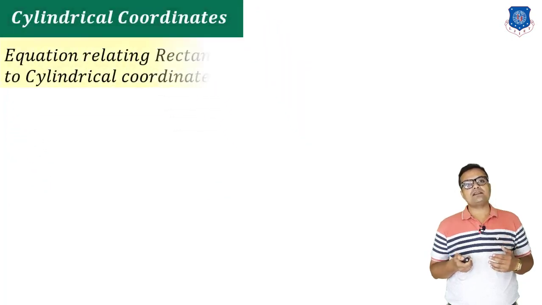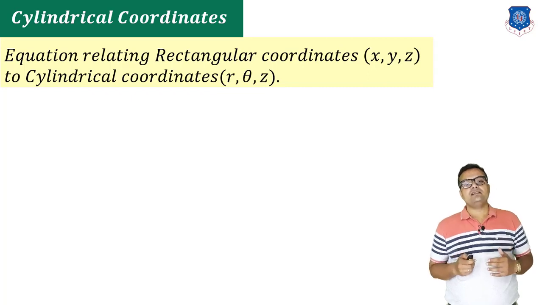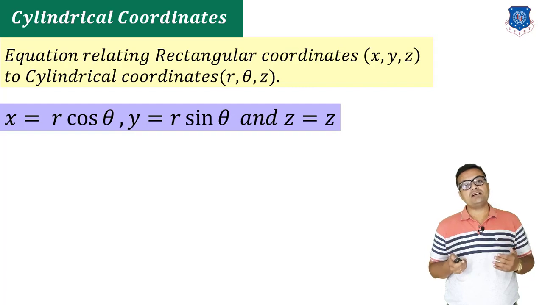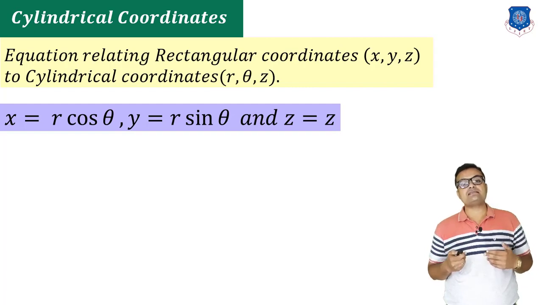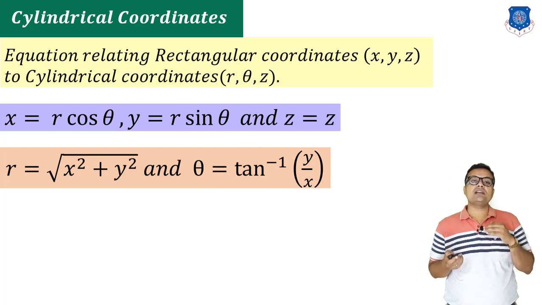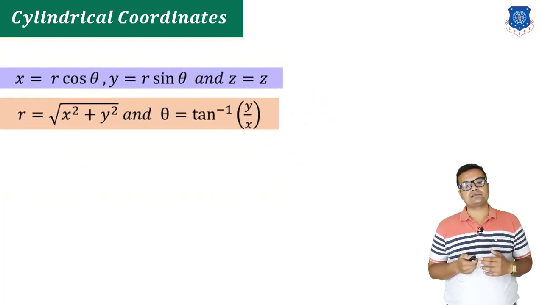If I consider triple integrations, then it is actually rectangular coordinates x, y, z to cylindrical coordinates defined by r, theta and z. Now here x is equal to r cos theta, y is equal to r sin theta and z is equal to z. And if I want to find inverse values, then r is equal to square root of x square plus y square and theta is equal to tan inverse of y by x.